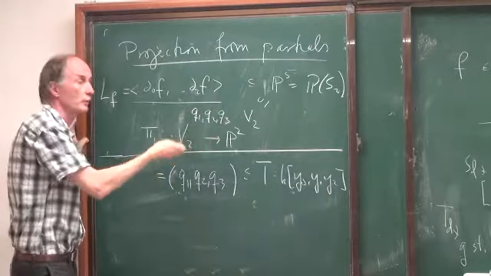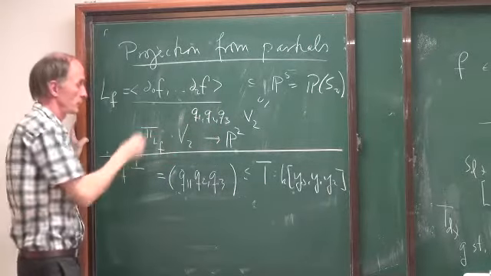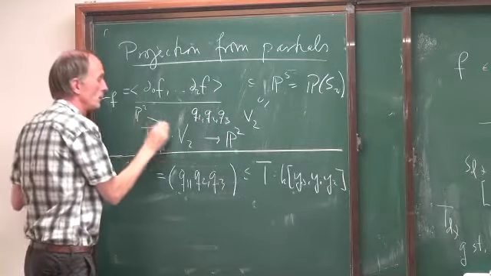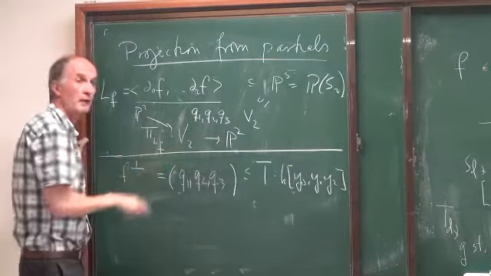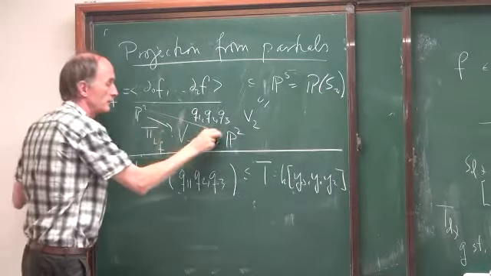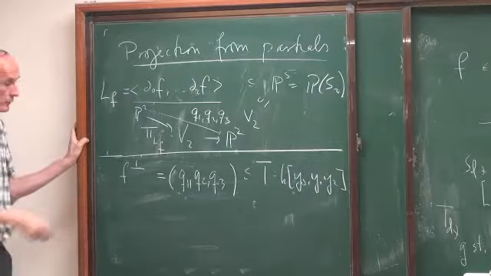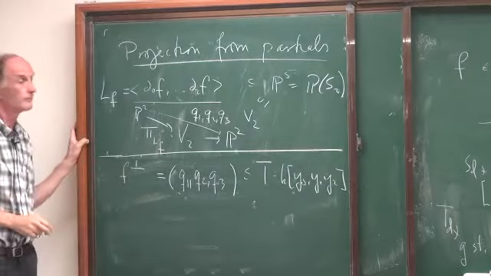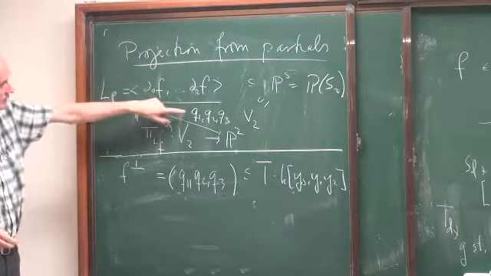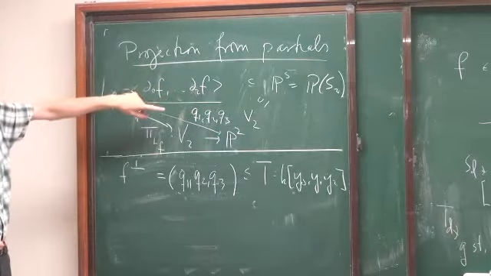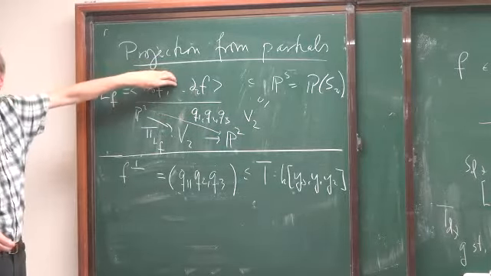This projection here is really the one, so if I think of P2 in the Veronese and then project it back, this map here is defined by those 3 quadrics. These quadrics are the hyperplanes that contain this thing here.